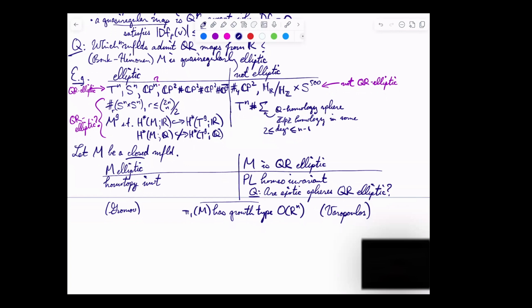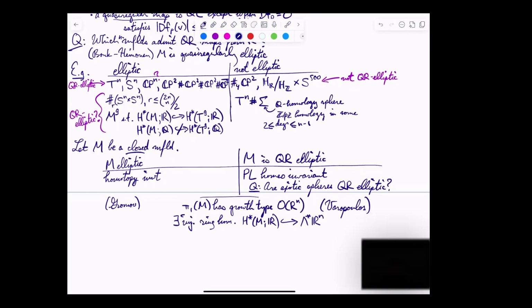And then the other big thing that we know is that there's an injective ring homomorphism from the real cohomology of M to that of the torus, or if you like, the exterior algebra of R^n.